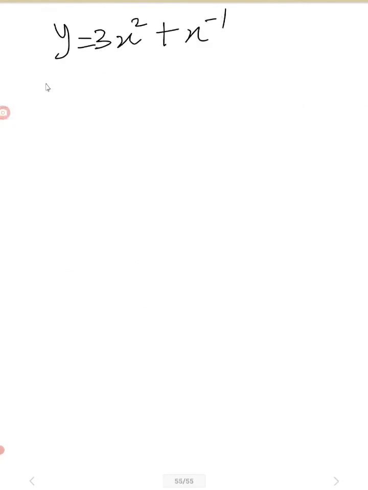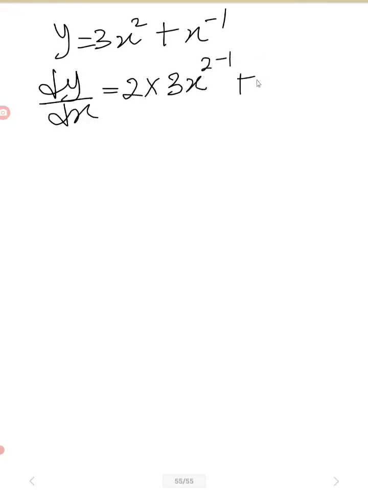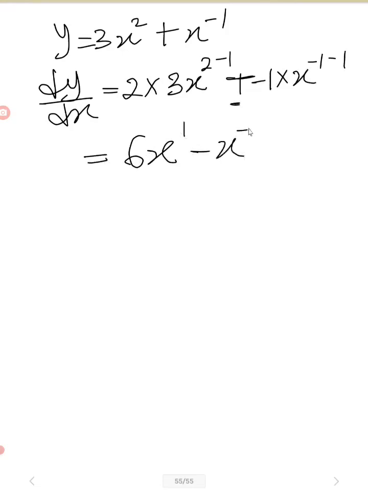Let's differentiate it with respect to x, which will be 2 times 3x to the 2 minus 1, plus minus 1 times x to the minus 1 minus 1, which will give you 6x raised to power 1, plus times minus will give you minus x to the minus 2.